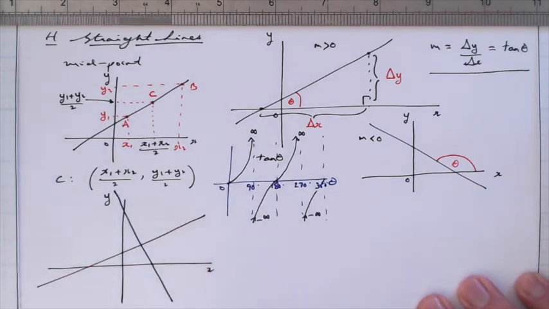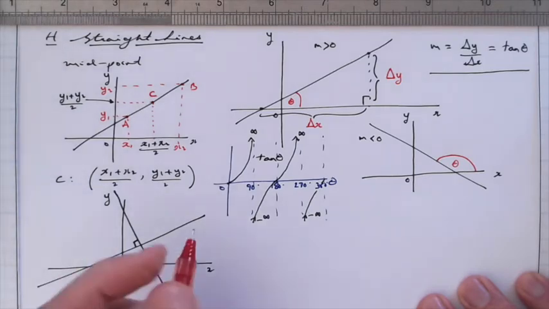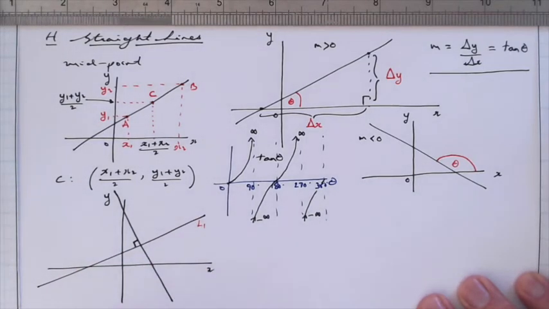There's the other, okay? And let's say that they're perpendicular. Let me call this line 1, and let me call this one line 2. And let me say that line 1 has a slope of m1, and let me say that line 2 has a slope of m2.